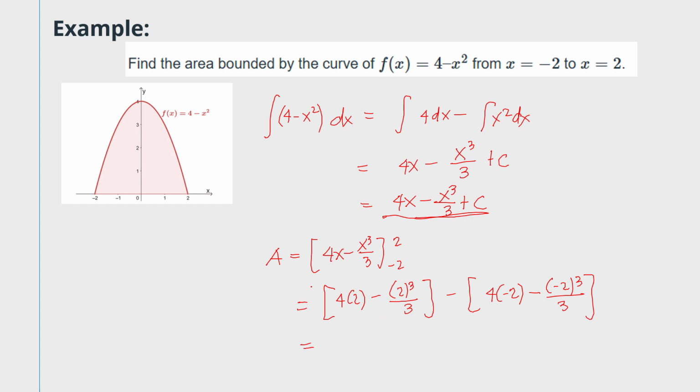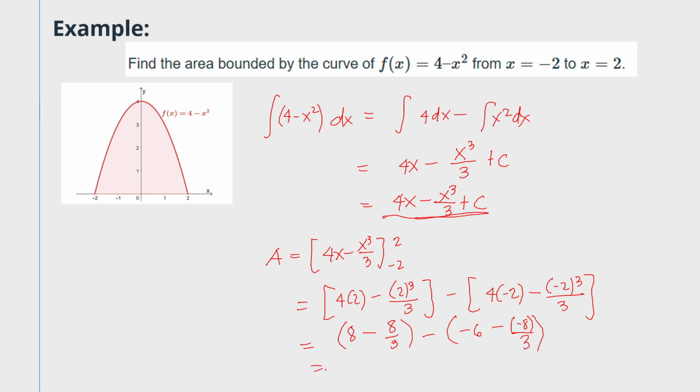So 4 times 2 is 8, minus 2 cubed, which is 8 over 3. Then minus, this is negative 8, minus negative 8 over 3.